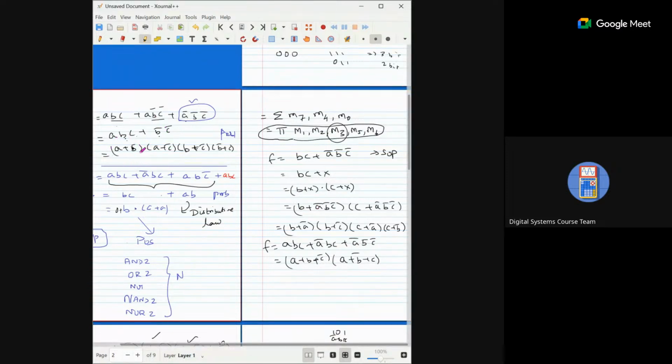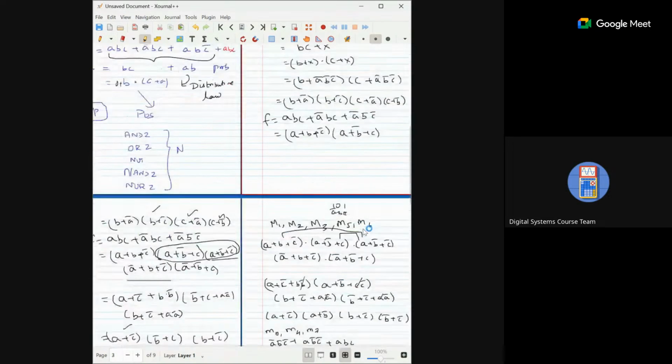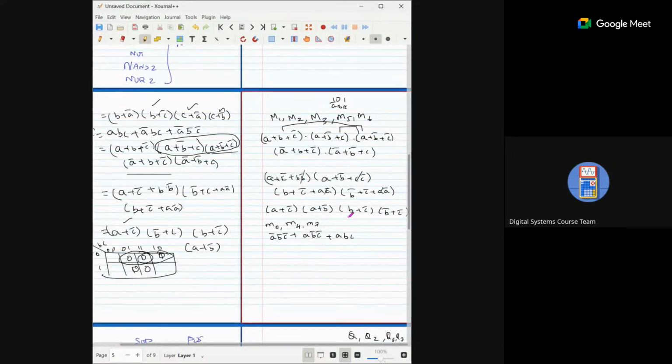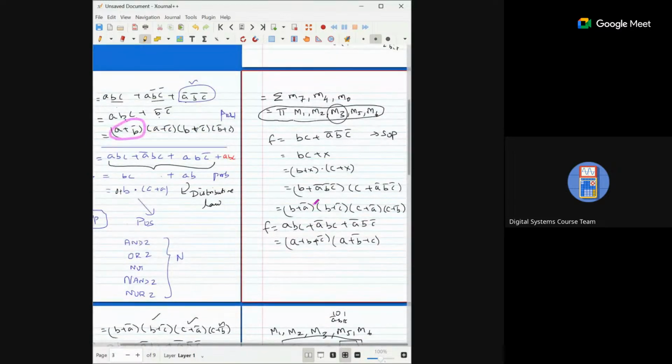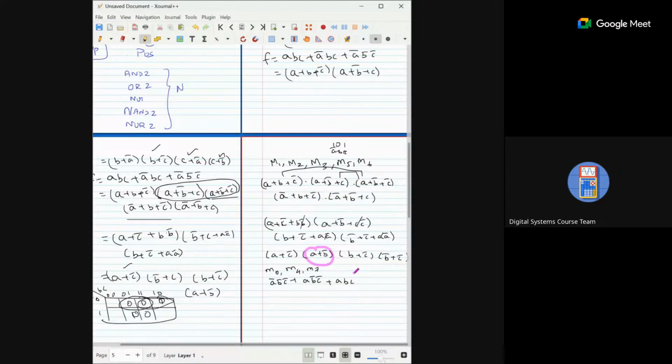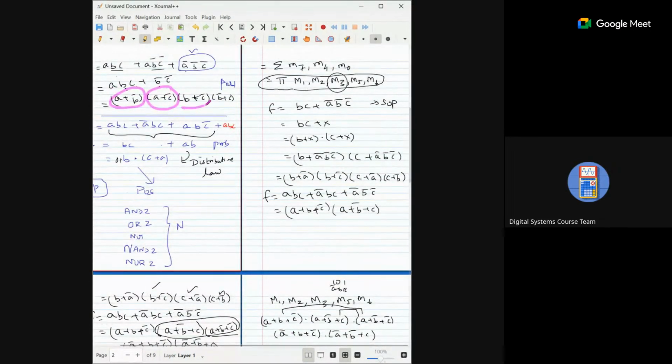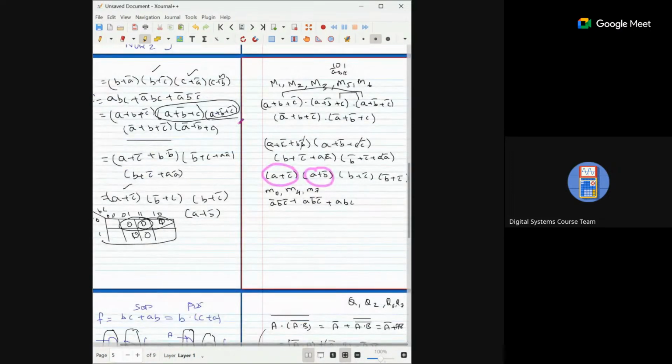Can you figure out what mistake I made in this case? Yes, sir. So can you check it? A plus B bar. What is the expression we got? A plus B bar. Then A plus C bar is the next term. B plus C bar is the next term.